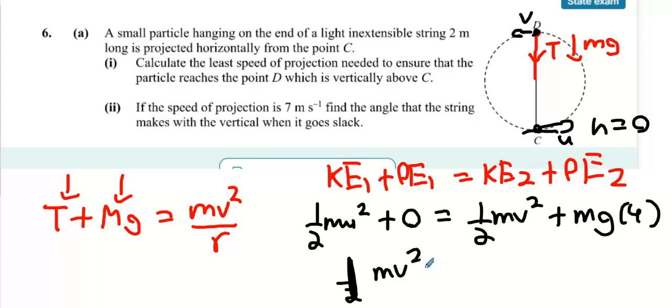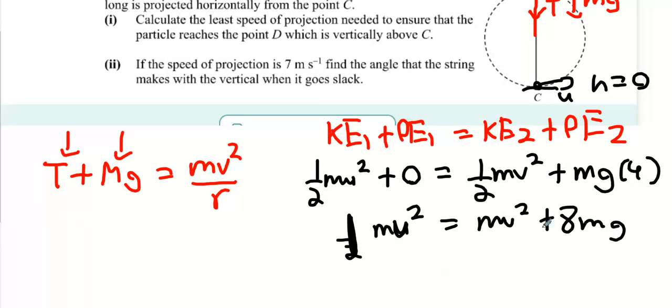So I'm going to get mu squared is mv squared plus 8mg. Then I'm going to maneuver mv squared. mv squared stays to the right, and it's mu squared minus 8mg. Is that okay?